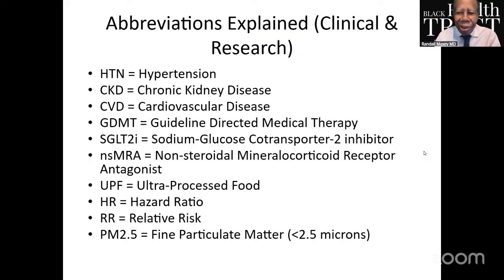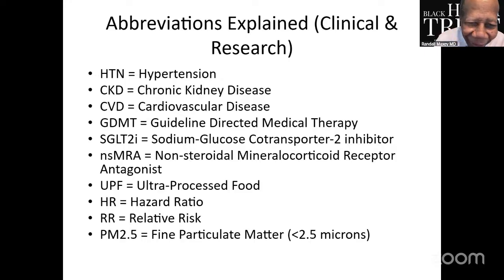So just to get started, there are some abbreviations we're going to use as we go forward. For example, HTN stands for hypertension. CKD stands for chronic kidney disease. CVD stands for cardiovascular disease. GDMT stands for guideline-directed medical therapy.